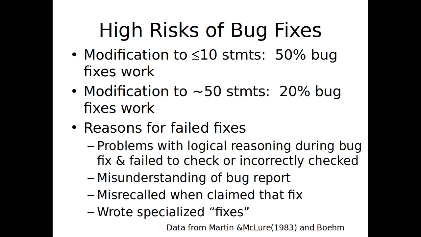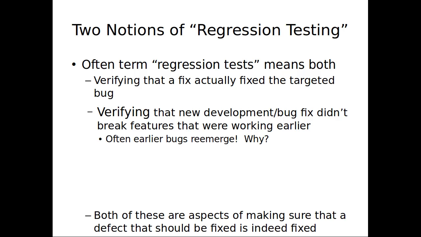So, there's lots of reasons for failed fixes. I think we've all been in that situation, right? Where we try to fix something and we think it's fixed, but something else has come up, or it's not fixed.